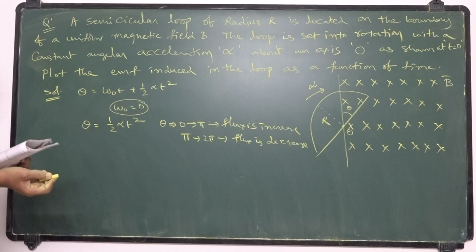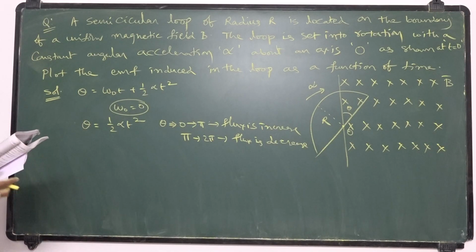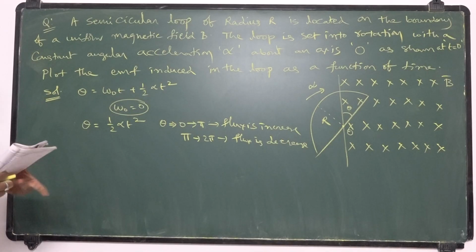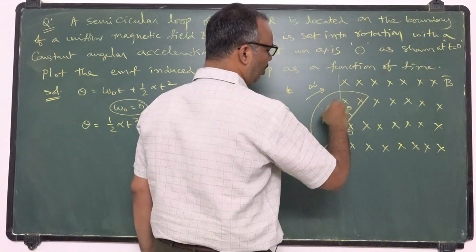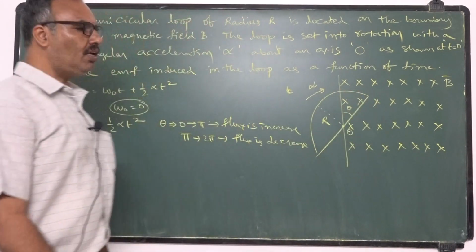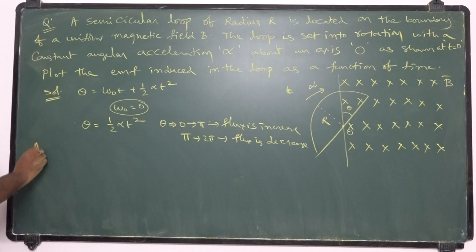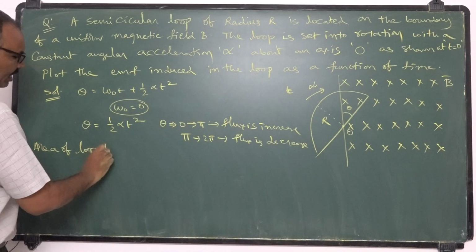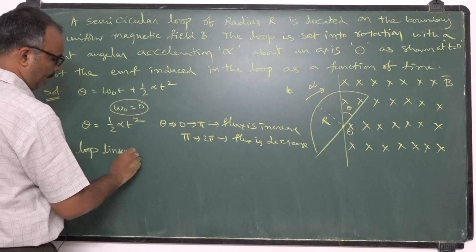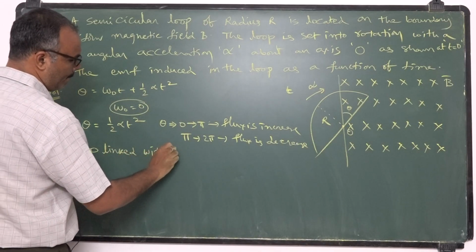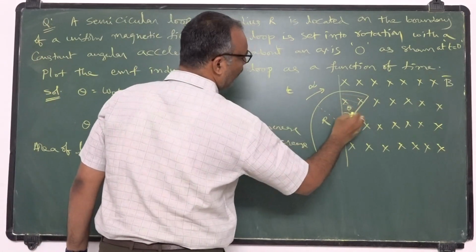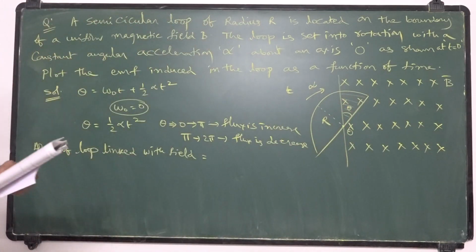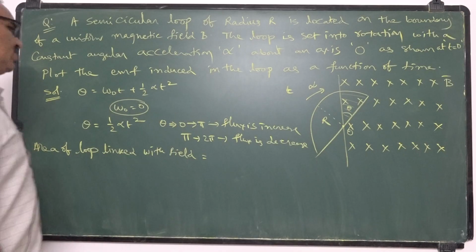Now, what is the area of the loop at this moment? It is at a particular instant t. Only theta portion of the semicircular loop entered into the magnetic field. So area of the loop linked with field, that means only this portion area I want. How to find that area? Pi r square is the total area.